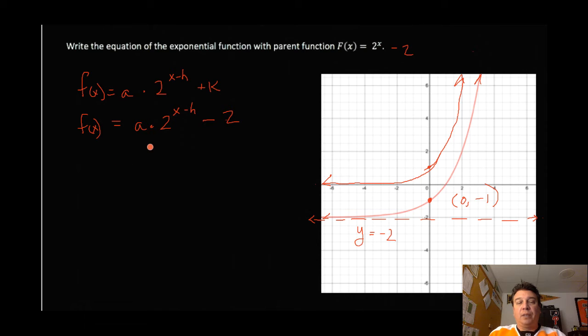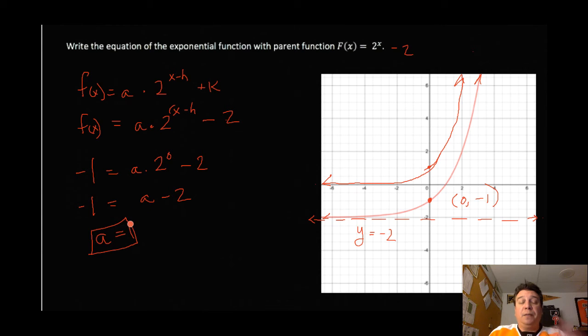If I substitute 0 in for x and put the value for y here, I get negative 1 is equal to a times 2 to the 0, and remember, we're not worrying about minus h, then subtract 2. 2 to the 0 power is 1. So negative 1 is equal to a minus 2. Add 2 to both sides, and we get that a is 1. So our leading coefficient is 1.